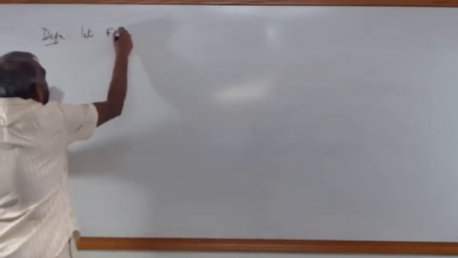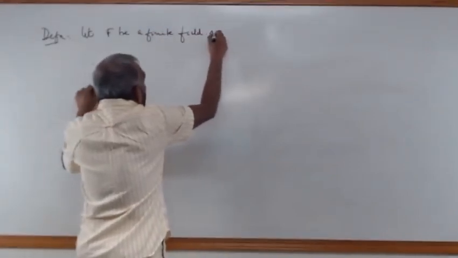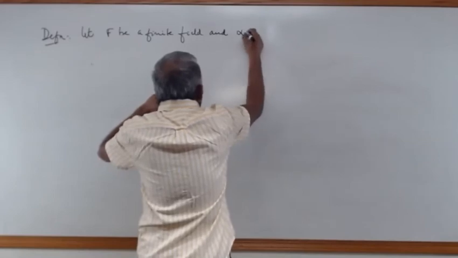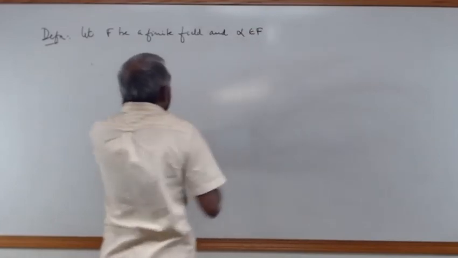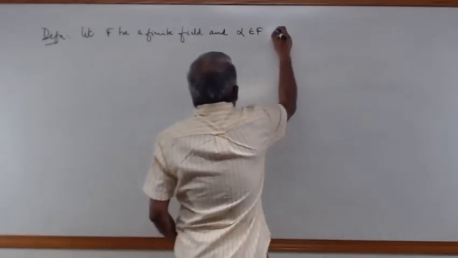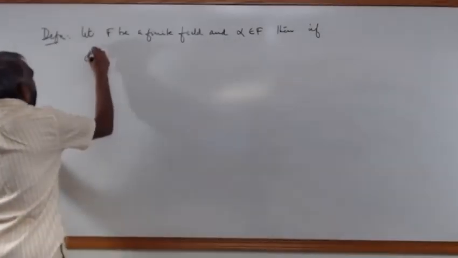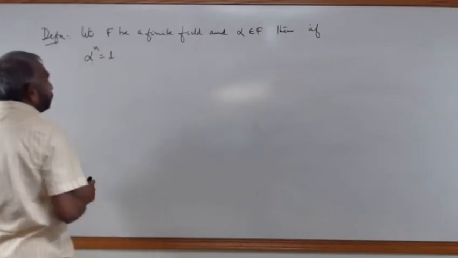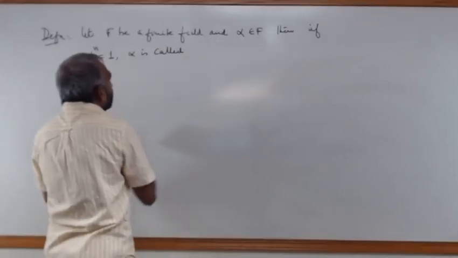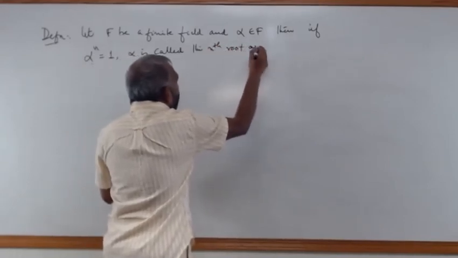Let F be a finite field and alpha belongs to F. Then if alpha to the power of n is equal to 1, alpha is called the nth root of unity.